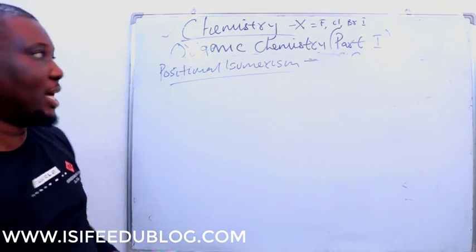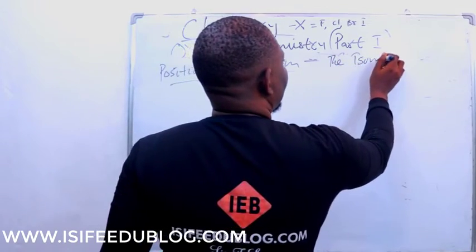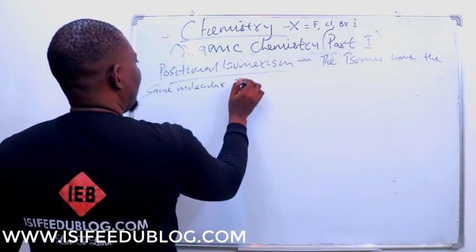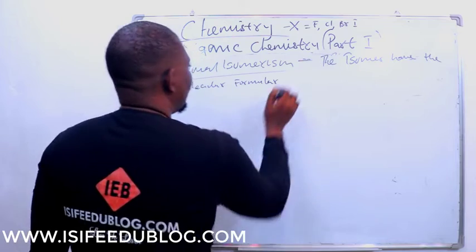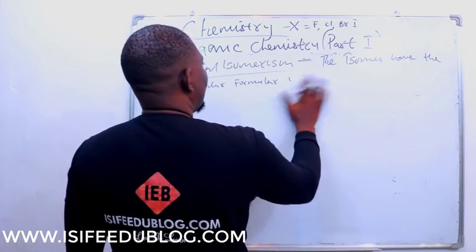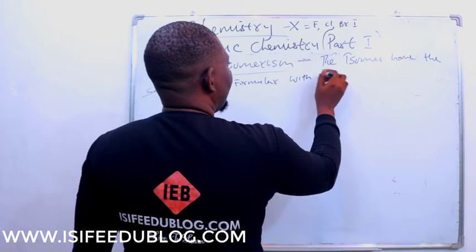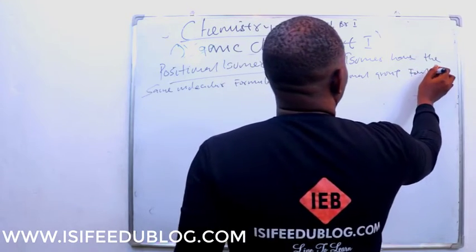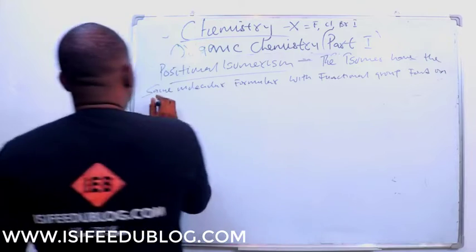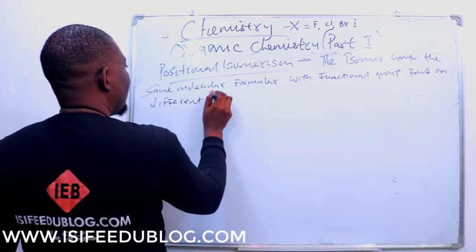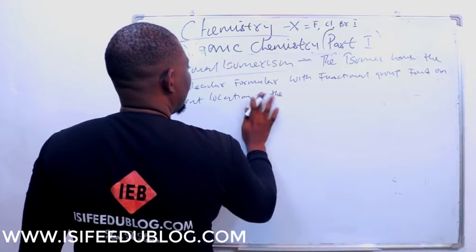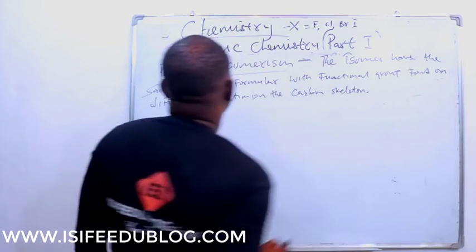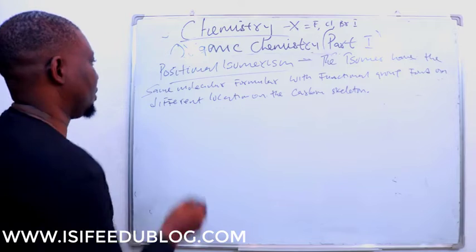These isomers have the same molecular formula with the functional group found on different locations on the carbon skeleton. Okay, so I'll give you examples.